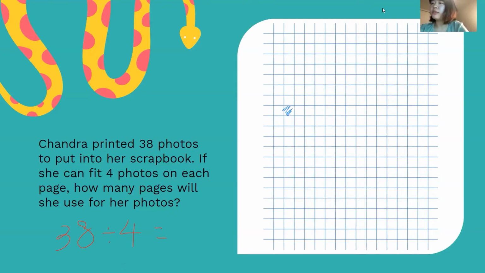Okay, so we have 1, 2, 3, 4, 5, 6, 7, 8, 9, 10, 11, 12, 13, 14, 15, 16, 17, 18, 19, 20, 21, 22, 23, 24, 25, 26, 27, 28, 29, 30, 31, 32, 33, 34, 35, 36, 37, 38. Okay, and we have a rectangle right here.